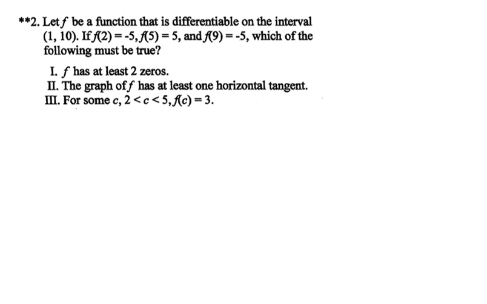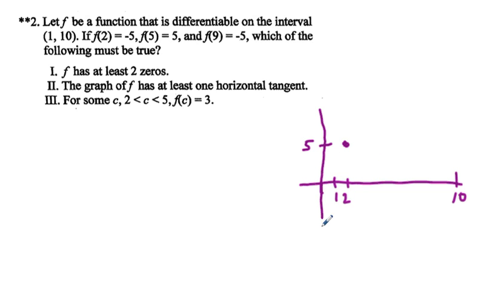So let's go ahead and draw a little sketch to help us view the situation. We have from 1 to 10, and f of 2, so at 2, our output value is, excuse me, that's going to be negative 5.